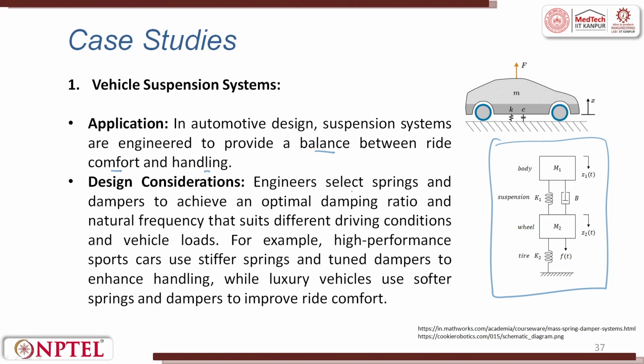Engineers select springs and dampers to achieve an optimum damping ratio and natural frequency that suits different driving conditions and vehicle loads. For example, high performance sports cars use stiffer springs and tuned dampers to enhance handling, while luxury cars use soft springs and dampers to improve riding comfort.